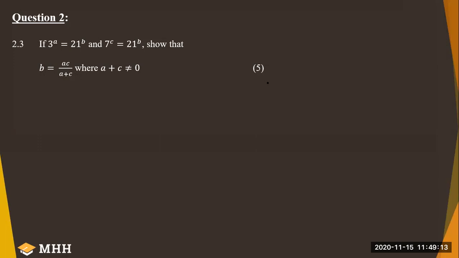So let's see what's given. 3 to the power of a is equal to 21 to the power of b. And 7 to the power of c is also equal to 21 to the power of b. So from this, keep in mind then, if those two are equal, it means 3 to the power of a will actually be equal to 7 to the power of c, for what it's worth.